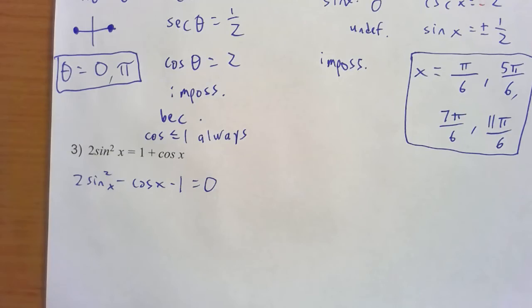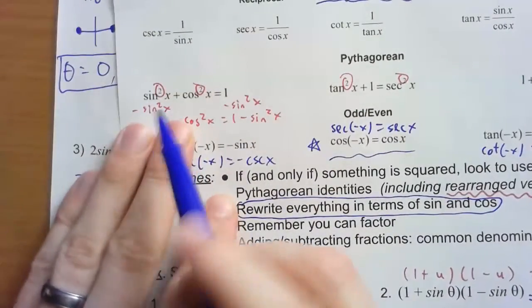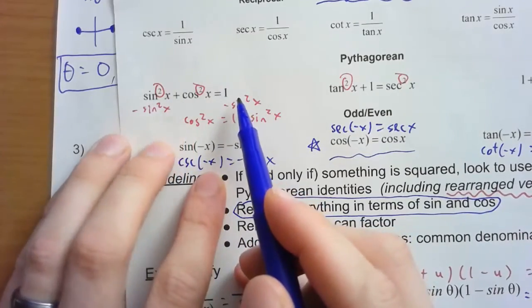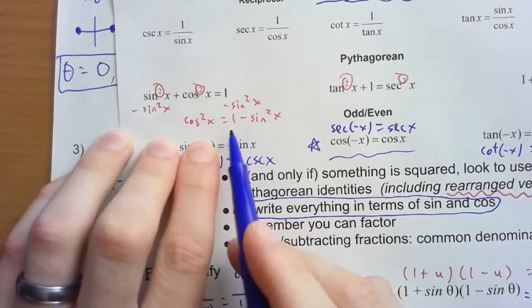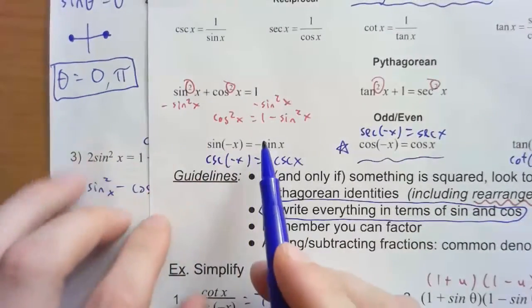Right? So remember how we rearranged these here, right? So we had sine squared plus cosine squared is 1. So you can see before what we did was we found that then that meant cosine squared was 1 minus sine squared. Now we want to do the opposite.